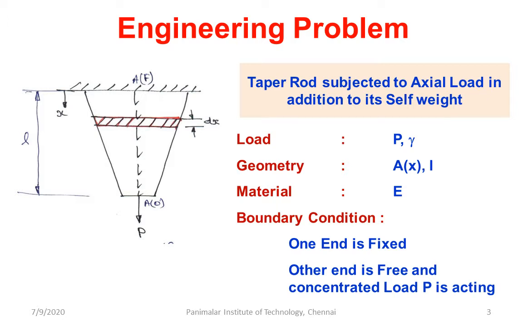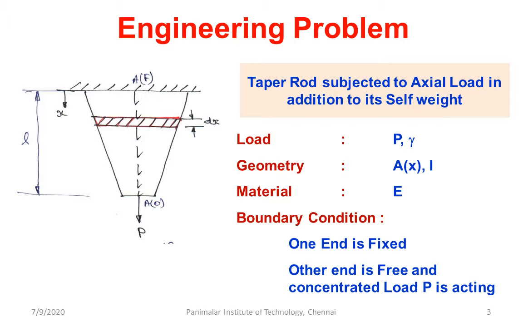Now we will see what an engineering problem is. For any engineering problem, we have to define that problem using four parameters which we have already discussed. What are the four parameters? First one is the load, then geometry, material property, and boundary conditions.